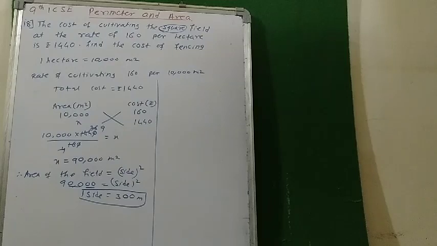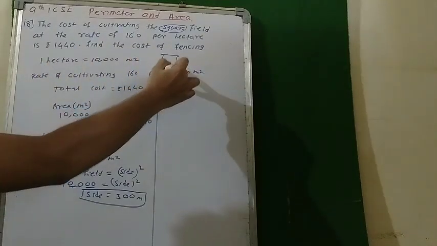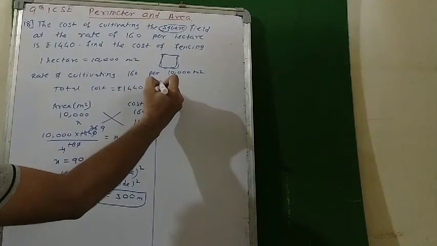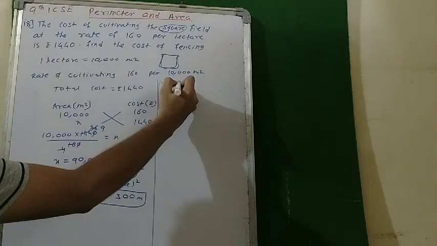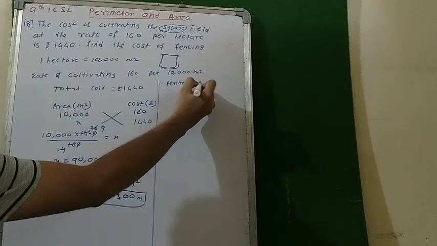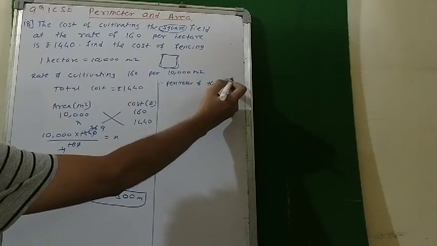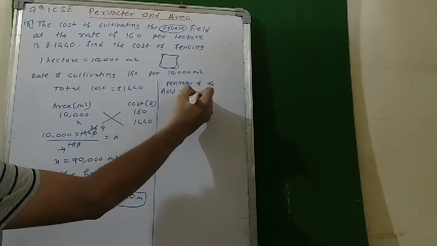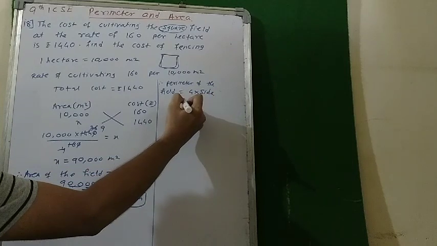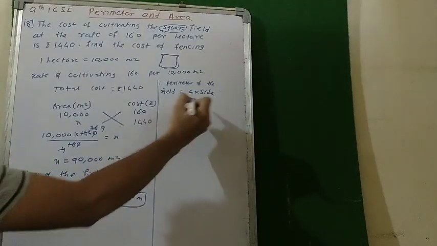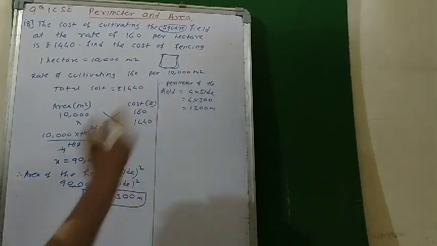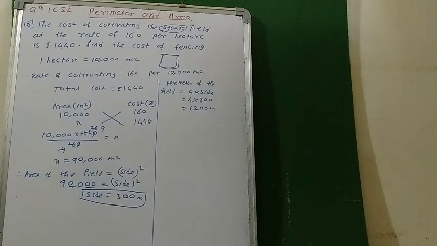If there is a square field, fencing will be done around its border, so we will find the perimeter. Therefore, perimeter of the field is equal to 4 into side, that is 4 into 300, which is 1200 meters. This is the total length of the fencing.